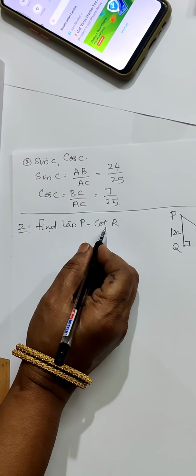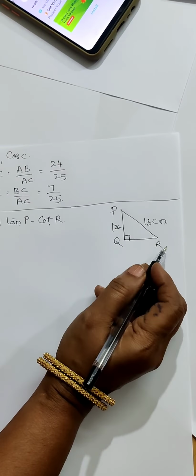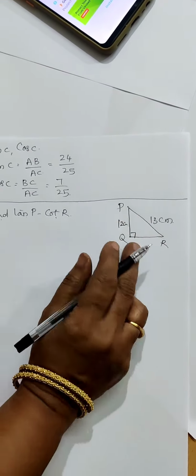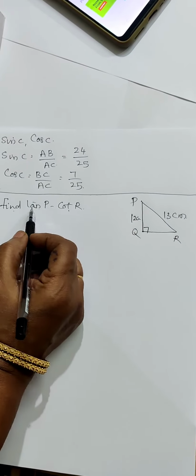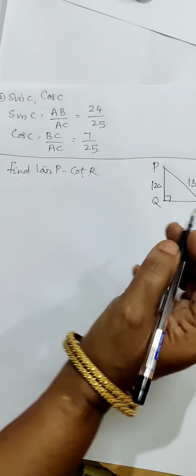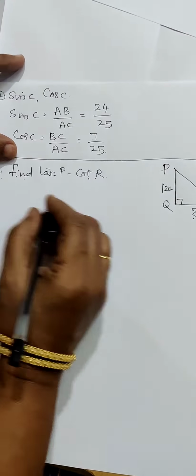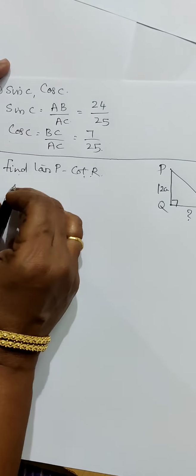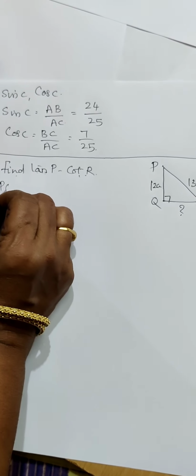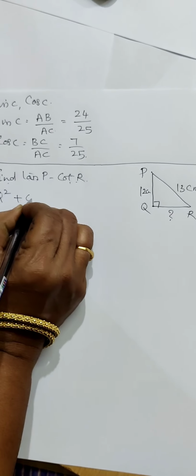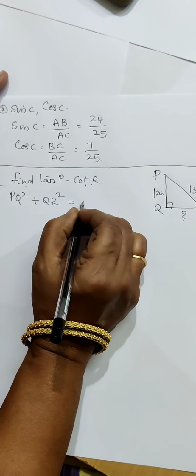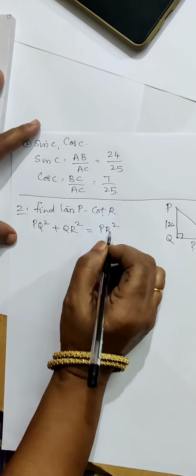Find tan P minus cot R. See, they have given a triangle PQR as shown in the figure and they are asking us to find tan P minus cot R. So QR they have not given. First, what we should do? According to Pythagoras theorem, PQ square plus QR square is equal to PR square.